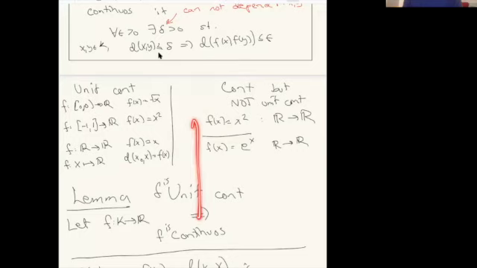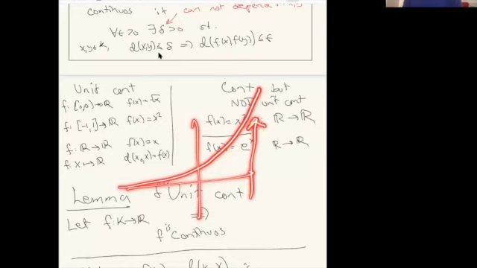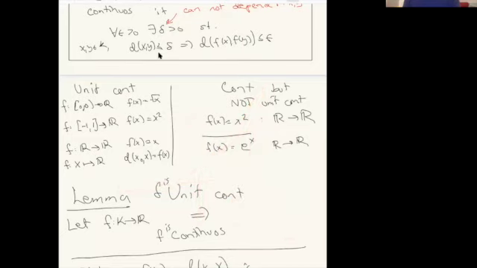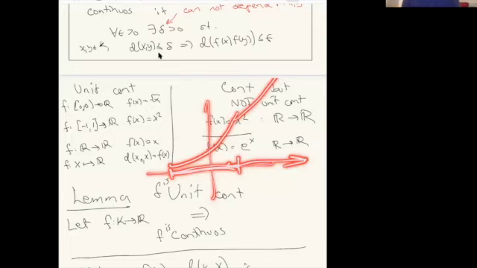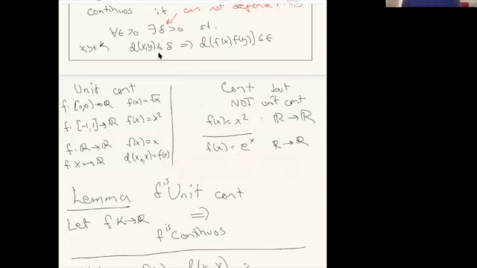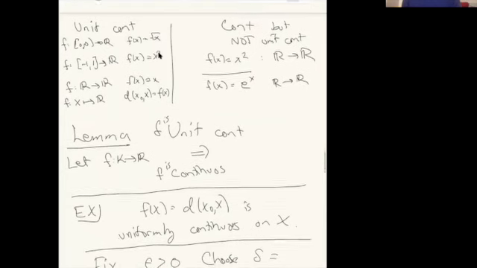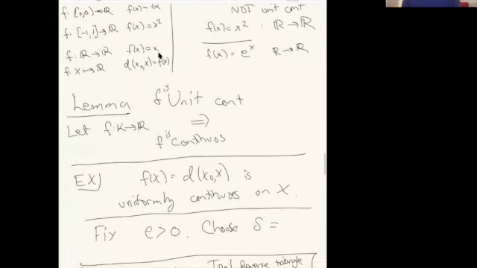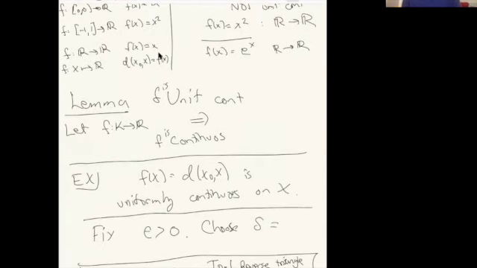Similarly, e to the x squared is growing very quickly on the right-hand side. Of course, if you restrict this function to a bounded, in other words compact, part, there is no problem. So usually the problem occurs at infinity. That's one intuition to keep in mind.